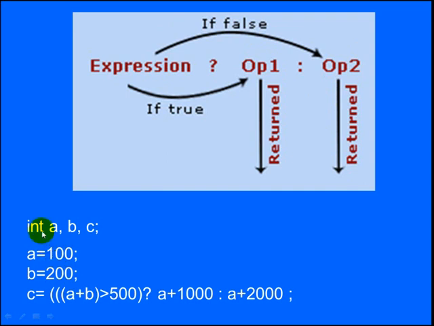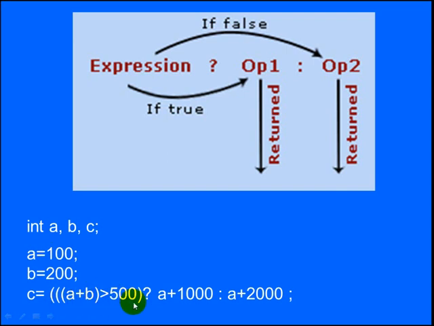Here in this example we have taken three variables, A, B and C. We have assigned 100 to A and 200 to B. We are writing A plus B greater than 500. Is it true or false? According to these values, 100 plus 200 equals 300. 300 is greater than 500?